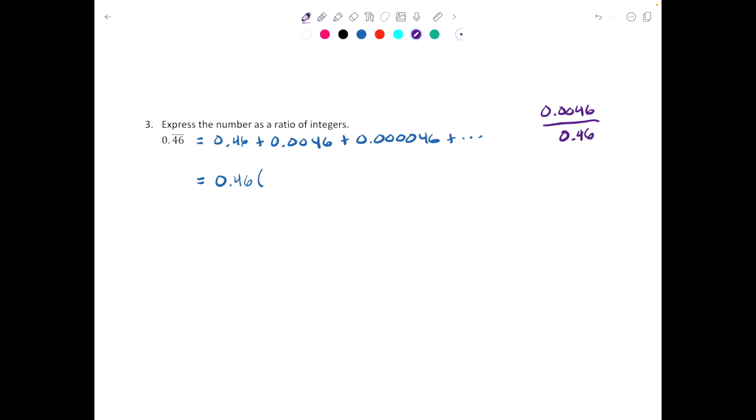Right. And so that would be equivalent to 0.0046 over 0.46, right? Which ends up being 0.01. Cool, cool.